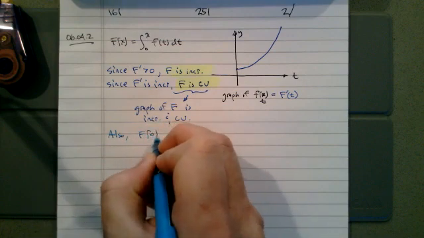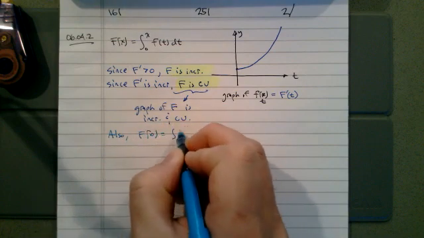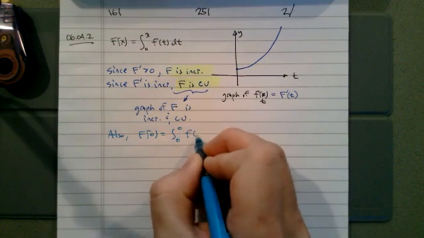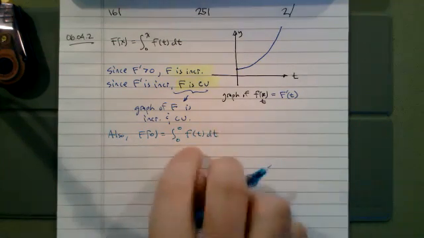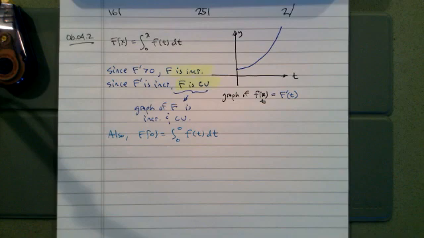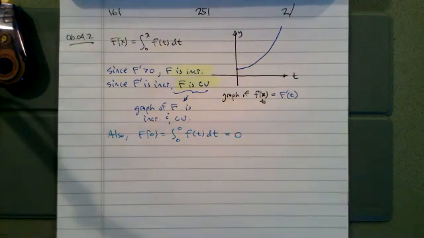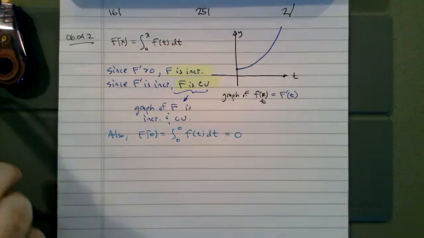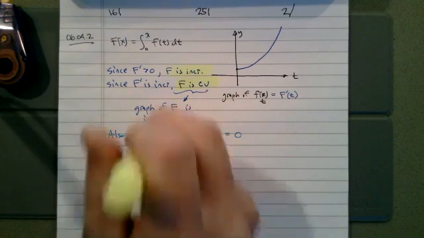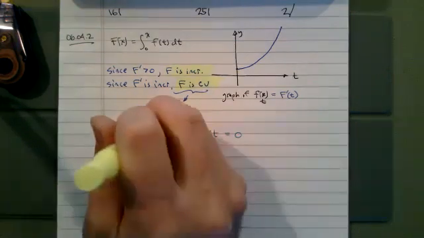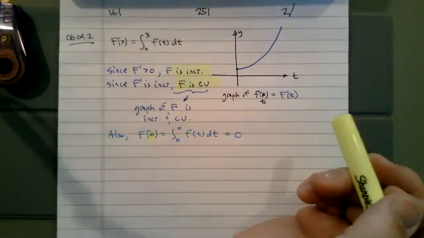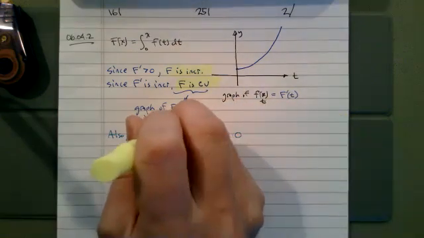Capital F of 0 is the integral from 0 to 0 of f of t dt. And regardless of what f of t looks like, that means capital F of 0 is equal to 0. So when we plug in a number into a function defined with this definite integral, this is where the input goes.